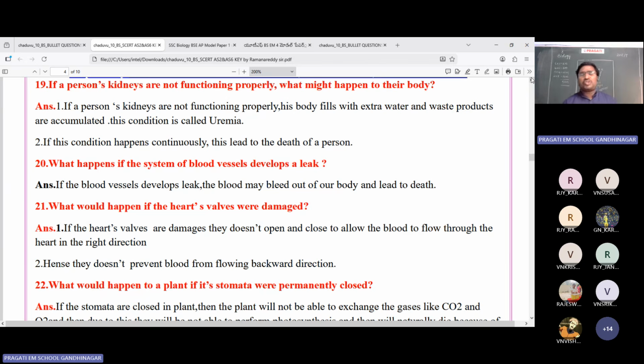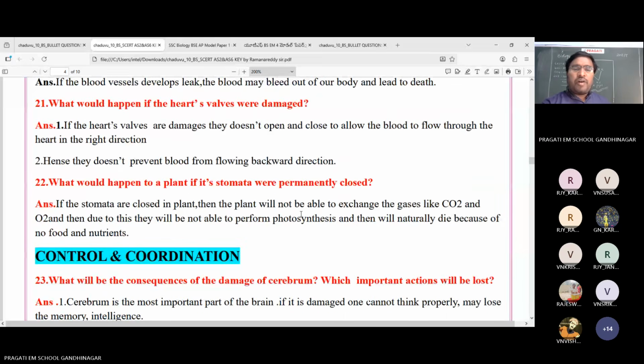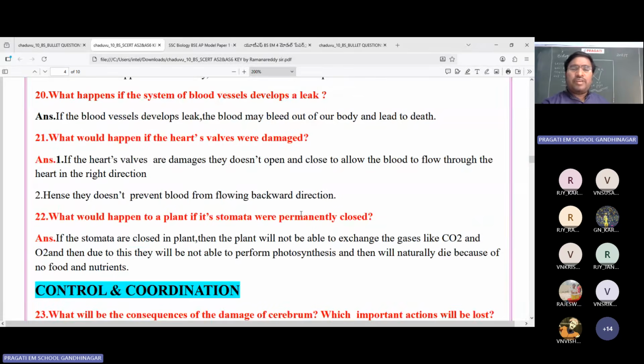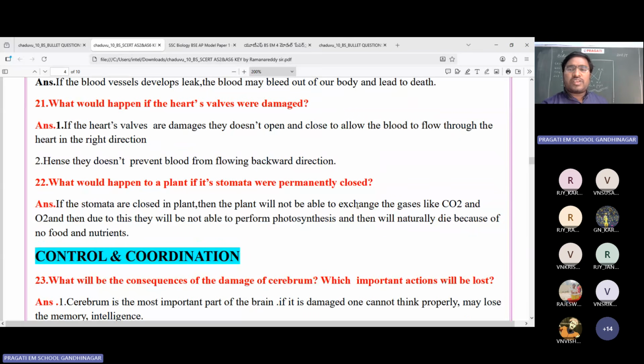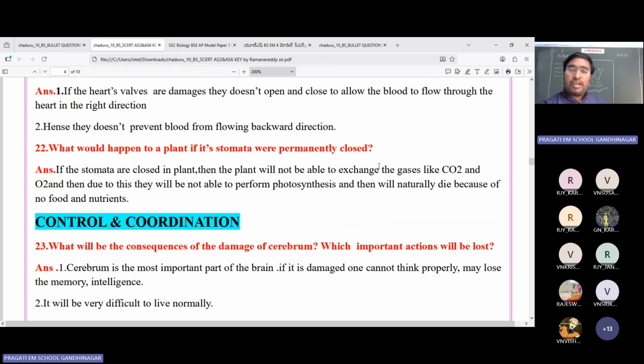What is the function of the walls, children? In the heart, the walls are important to prevent backflow of the blood, isn't it? If the walls are damaged, they are not functioning properly, they don't open and close and allow the flow of blood through the heart in the right direction.